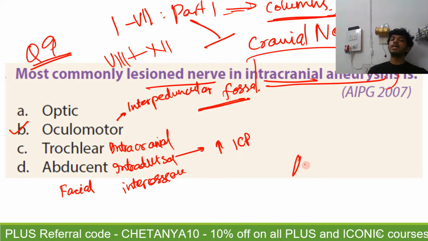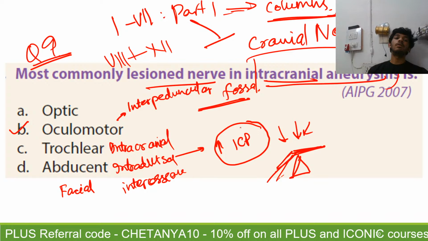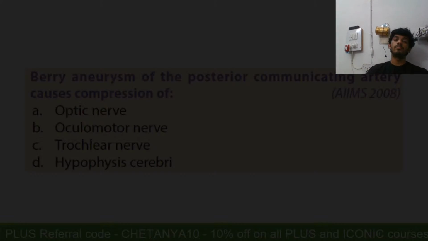Because there is an apex of the temporal bone over which you have Dorello's canal, and this nerve takes a very sharp turn over here, so it gets pressed against this apex of the temporal bone. The abducent is most commonly damaged when there is increased intracranial pressure. Most common lesion in intracranial aneurysms, whenever something ruptures, is the oculomotor, because it is present in the interpeduncular fossa.